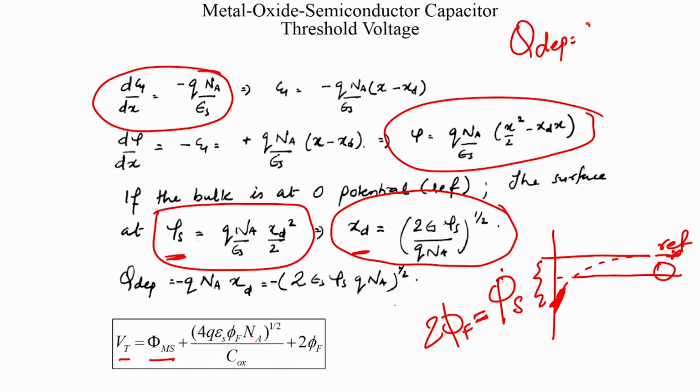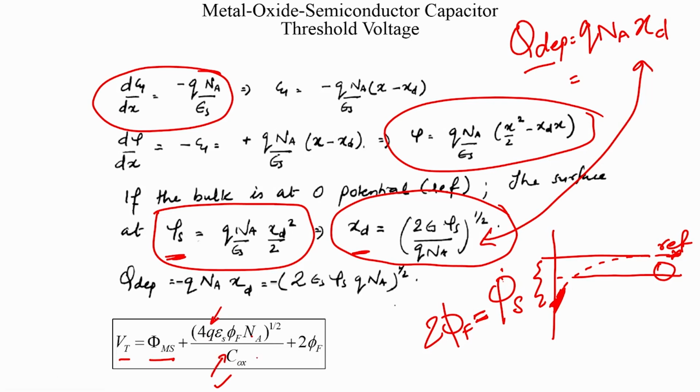Q depletion is the depletion charge per unit area, Q Na into XD, and for XD you substitute this term here, and you will end up with this being the value for Q depletion, divided by Cox.